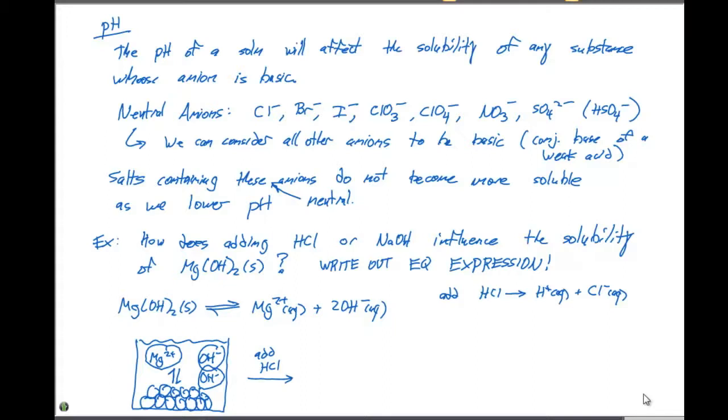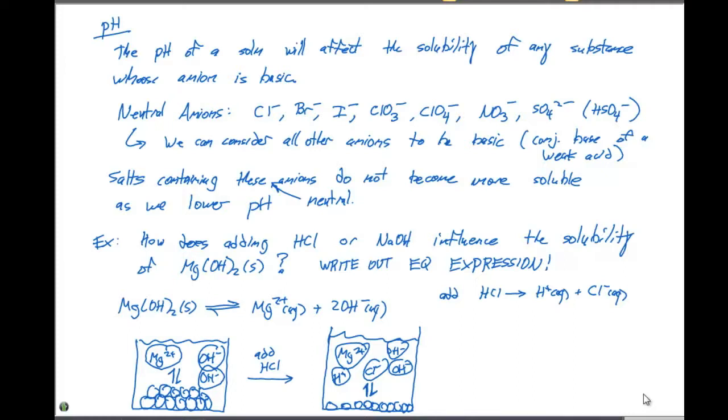We have this beaker that now has Mg2+ ions in solution. We have OH- ions in solution. We have H+ ions in solution. And we have Cl- ions in solution. Then we have our solid down here at the bottom of the test tube. And we have an equilibrium.